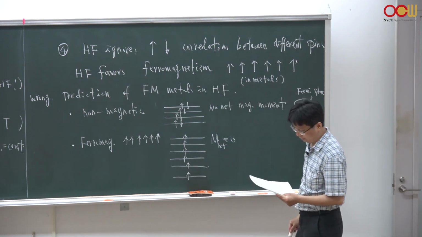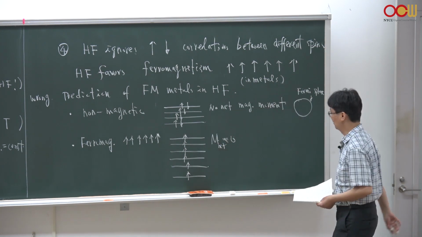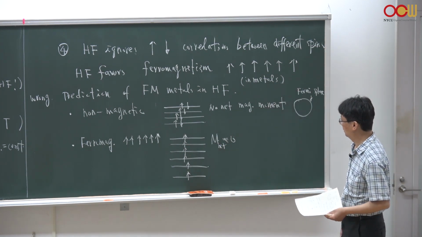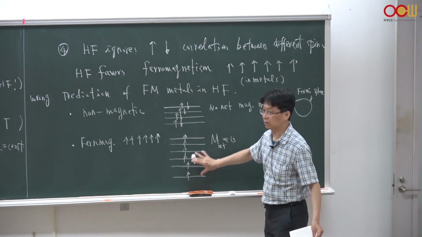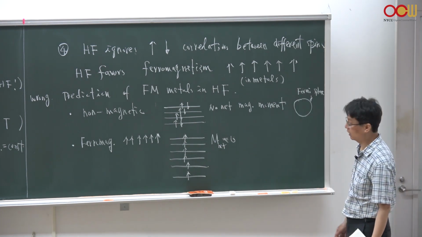So there is a net spin moment which maximizes this kind of magnetic moment if they fully are along a certain direction, say spin up.